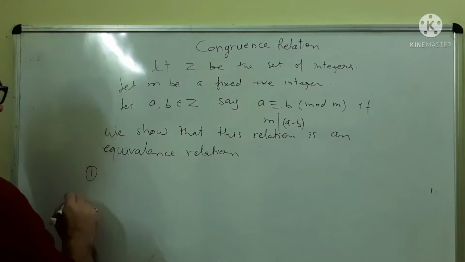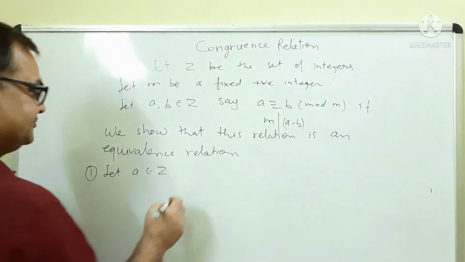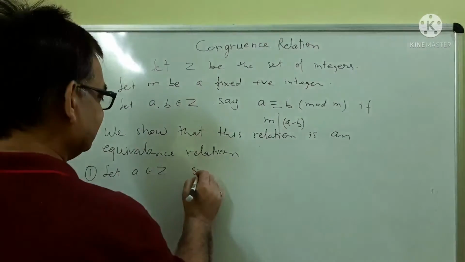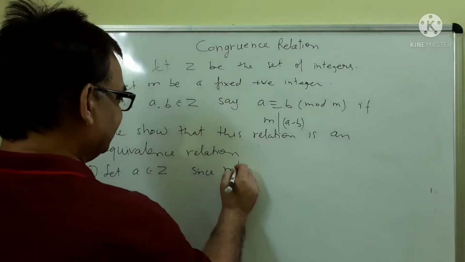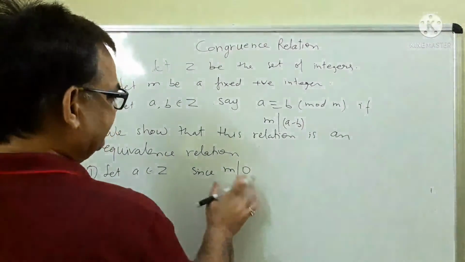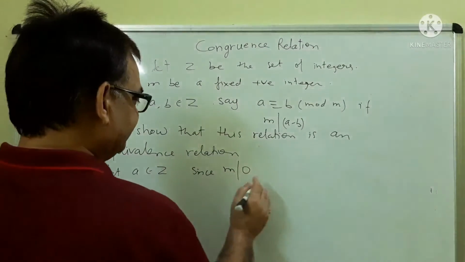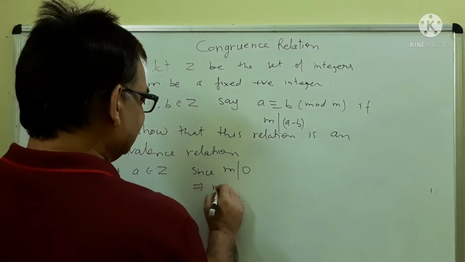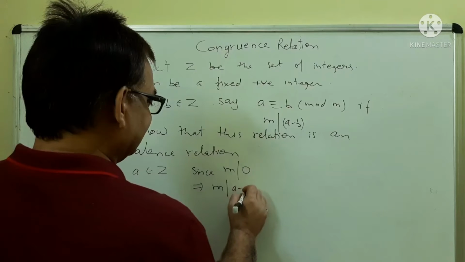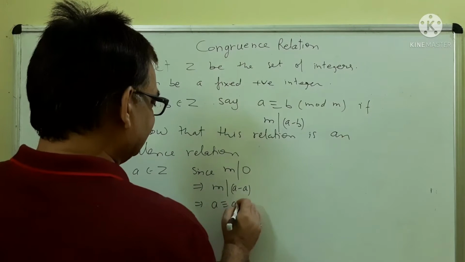Number 1, let a belong to Z. Since 0 is divisible by any non-zero number, m divides 0, implies m divides a minus a, implies a is congruent to a mod m.